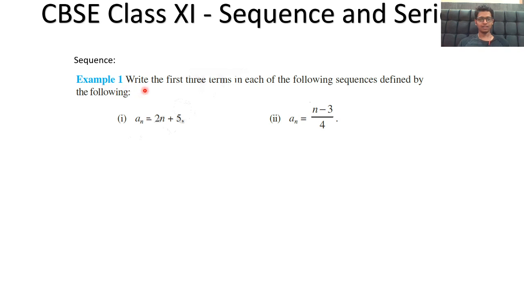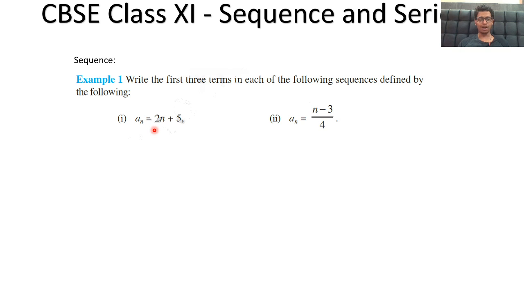And for this sequence, there must be some rule, and this is the nth term, which can be defined by the law 2n plus 5. Now we need to write the first terms of each of the following sequences defined by this rule.